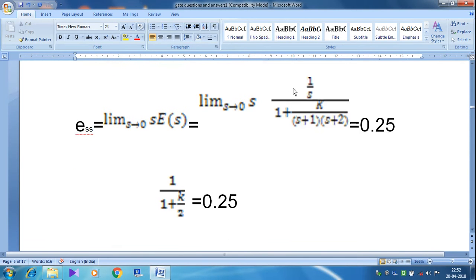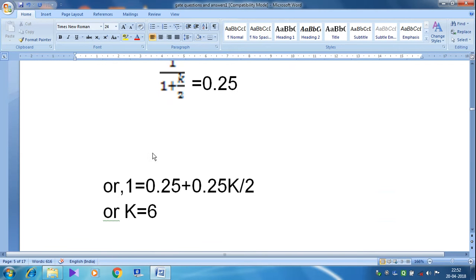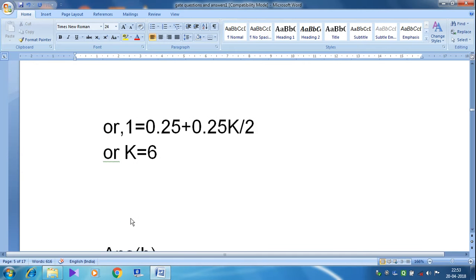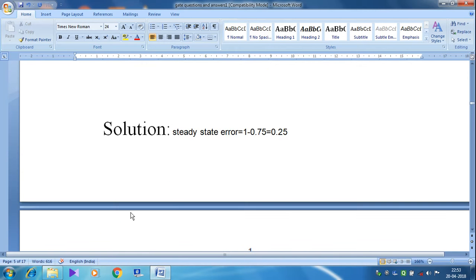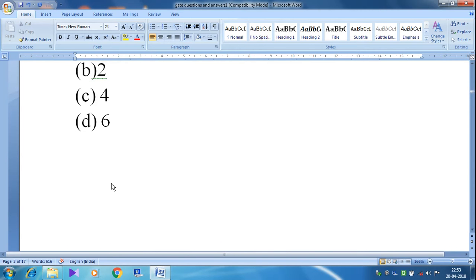Therefore if we put s equal to 0 here, this s will be cancelled, and this is 1 and this is 2, so we get 1 by 1 plus K by 2 equal to 0.25. Therefore, by solving this, we find the value of K is equal to 6. Therefore, the answer is D, that is 6.